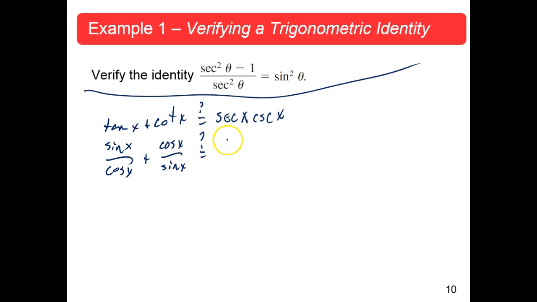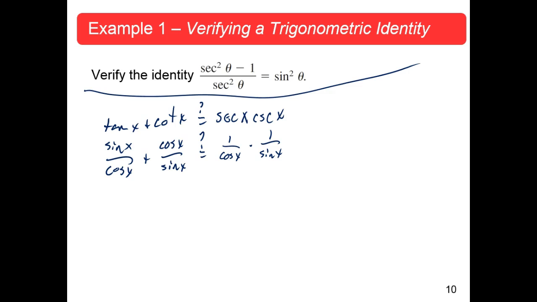One of those reciprocal identities. One over cosine x, okay. And cosecant is? 1 over sine x. Okay, we've got everything in terms of sine and cosine.